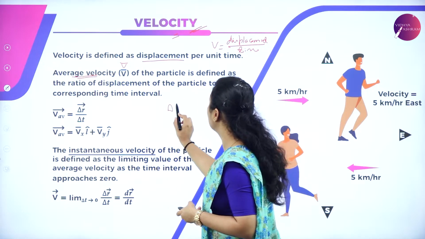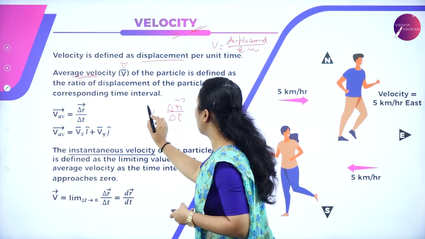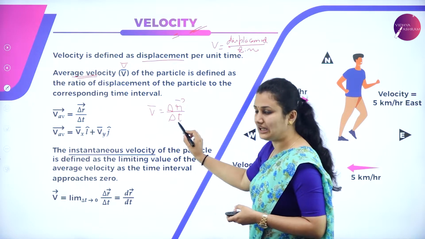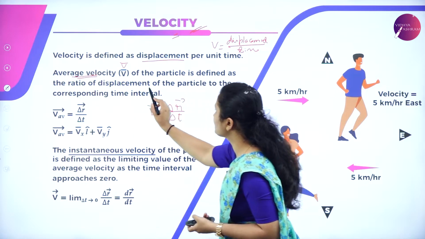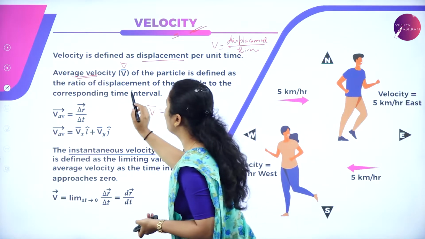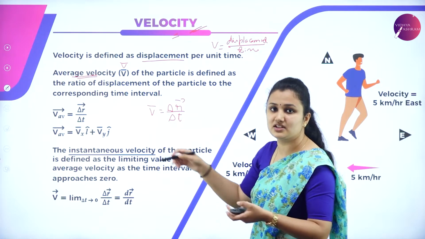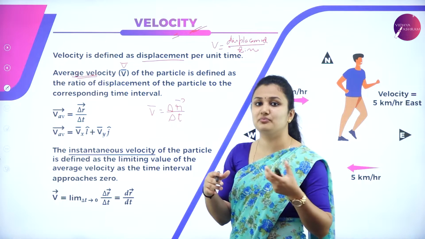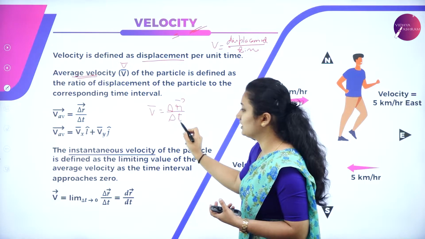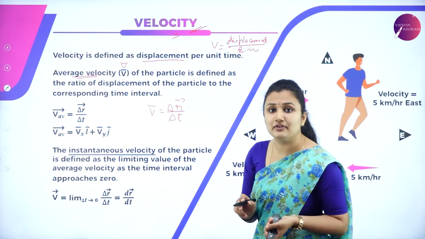It is nothing but delta R divided by delta T. So average velocity is equal to delta R divided by delta T: the ratio of the displacement of the particle to the corresponding time interval. We saw the displacement delta R in the previous slide, the displacement of the particle from one position to another. Displacement divided by change in time gives me average velocity.